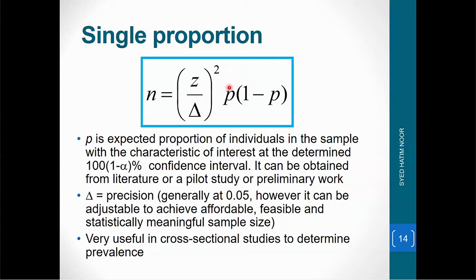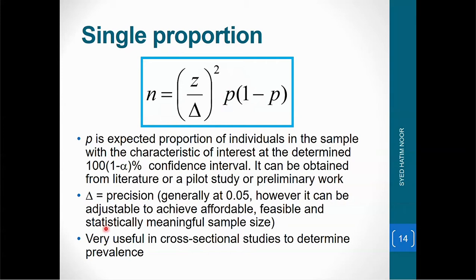That means your proportion will be 0.5, so 50% yes or 50% no. If you don't have any idea about the prevalence, you can take 50%, so 0.5. The 0.5 gives the bigger sample size.